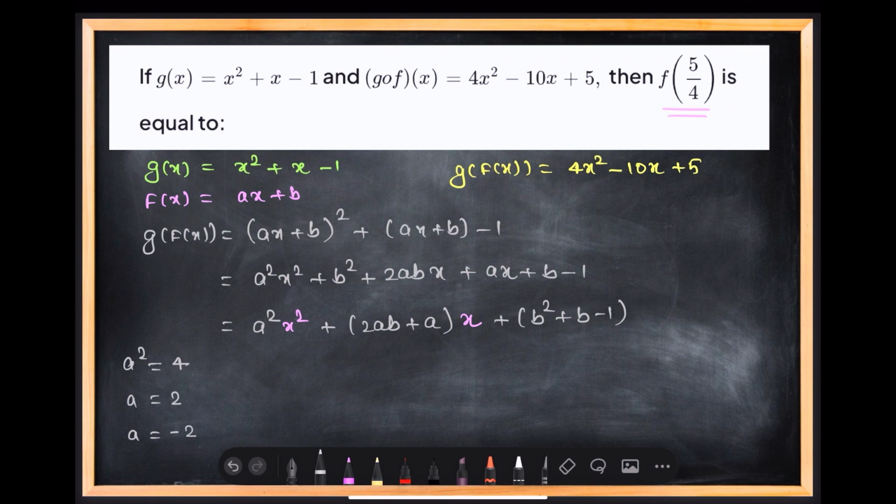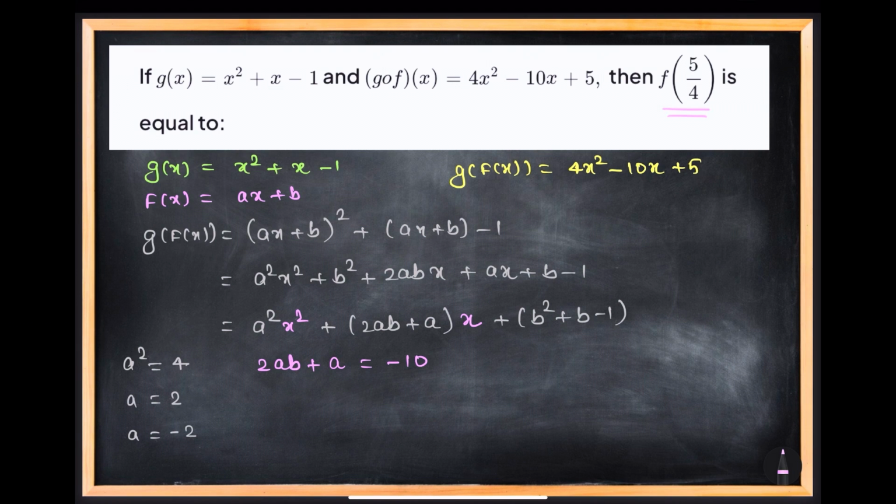Now focus on the second component. So it is 2ab plus a is equal to minus 10. Suppose a is 2. So can I take 2 common?